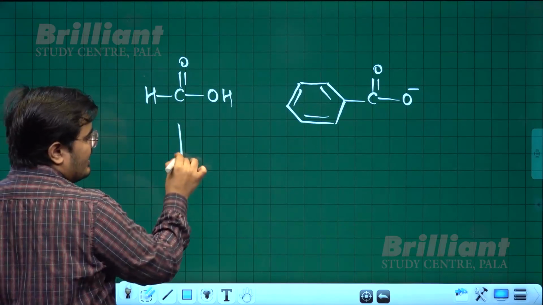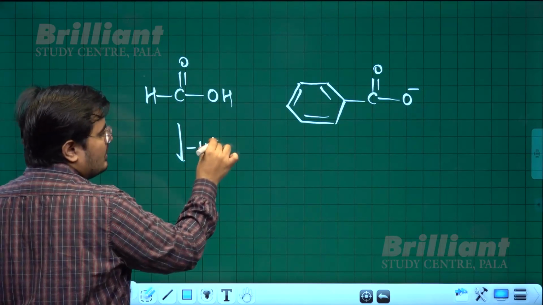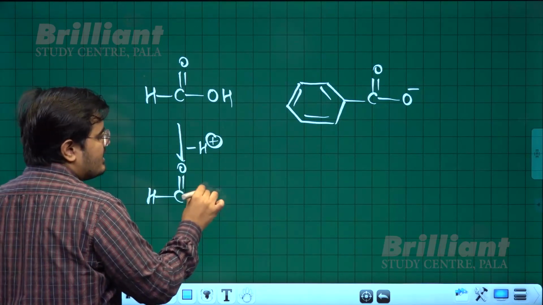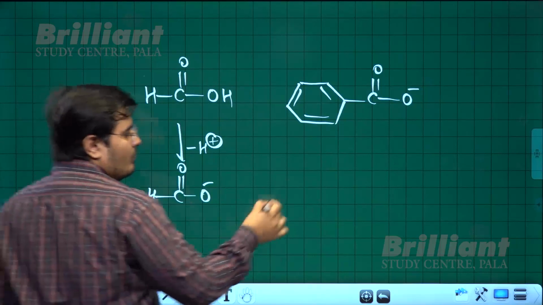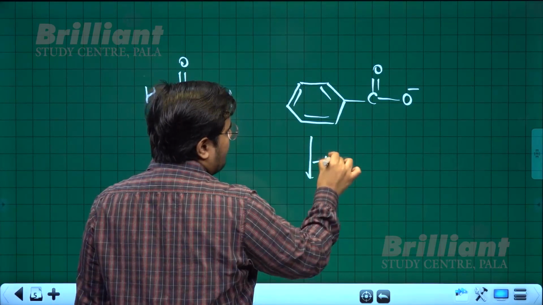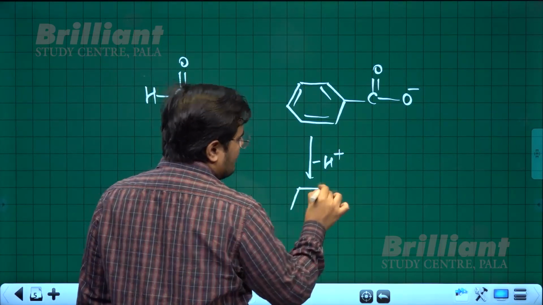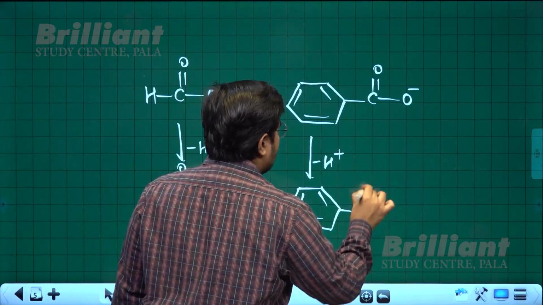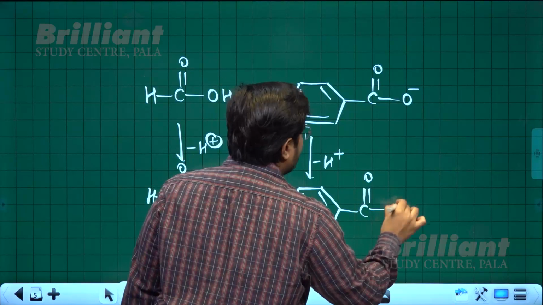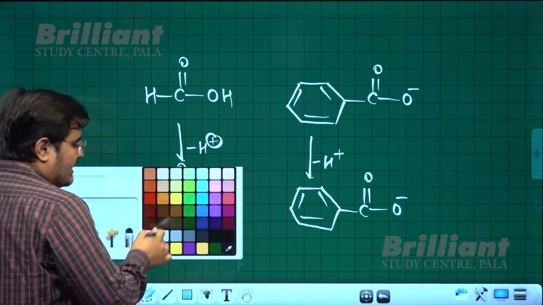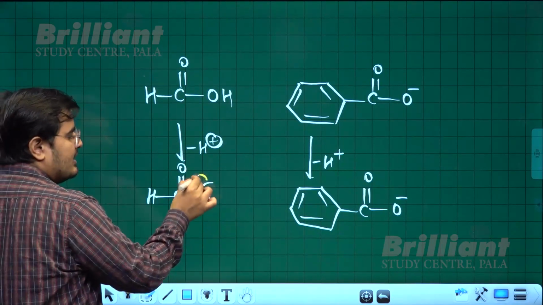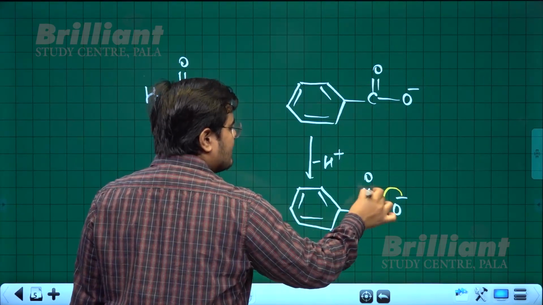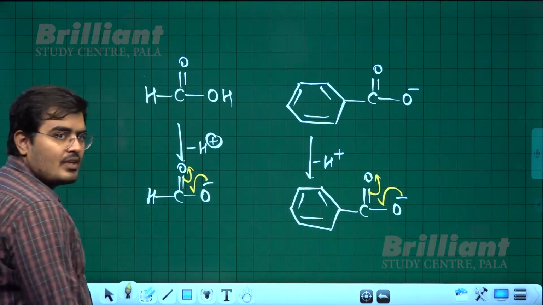So here I can say after losing a proton, the conjugate base will be H-C(=O)O⁻, whereas in this case the conjugate base is going to be C6H5-C(=O)O⁻. In both the cases, the carboxylate anion is resonance stabilized. So that is the factor which is same in both of them.